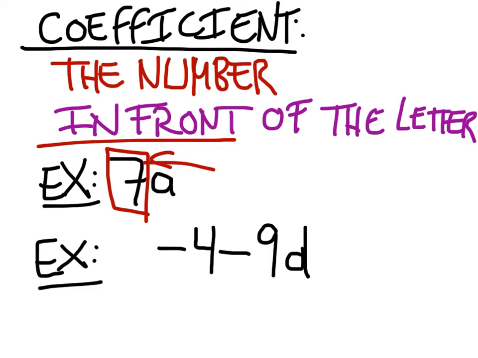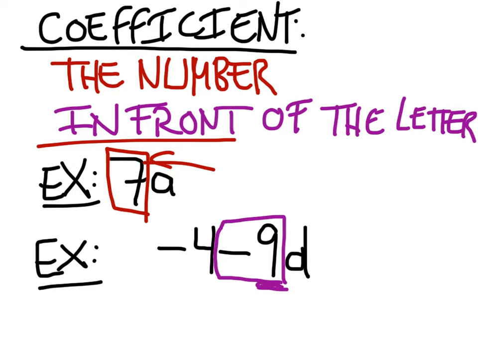So, if we look at this example, we say, what is the coefficient of D? This is actually a little bit more complicated than it looks, slightly, okay? Because most of you are thinking 9, correct? With coefficients, they must also take the operation to the left. It's actually -9.